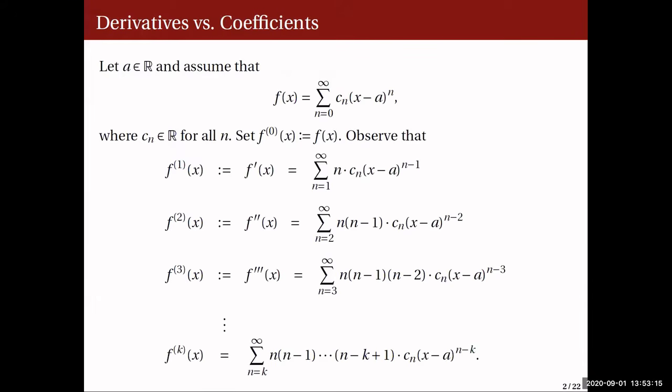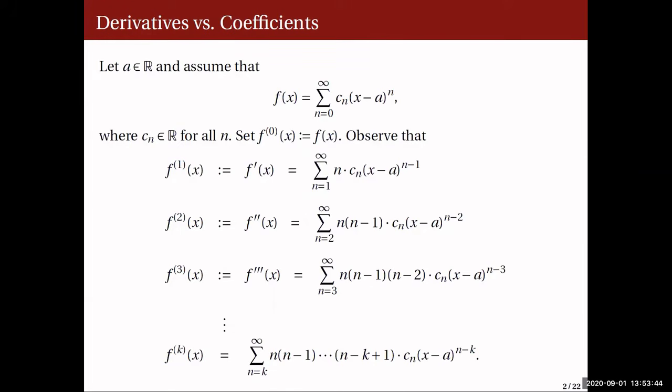Notice that when n equals k plus 1, this is k plus 1 times k down to k plus 1 minus k plus 1, or 2, times c sub k plus 1, and then (x minus a) raised to 1. If we evaluate the kth derivative of f at x equals a, this becomes 0.